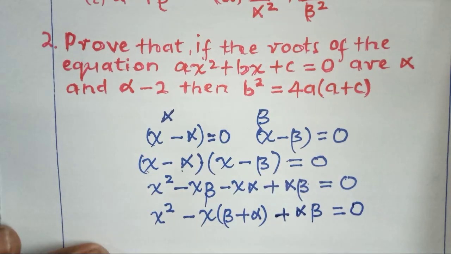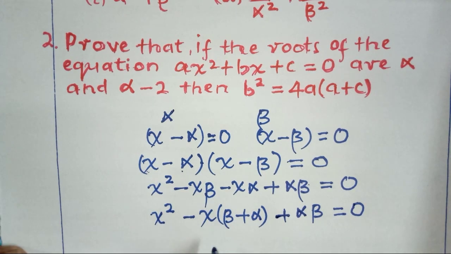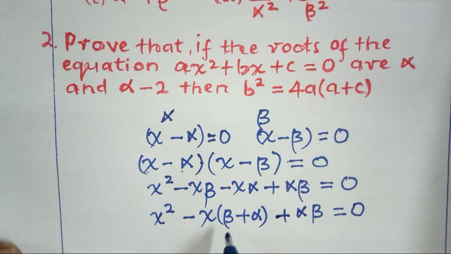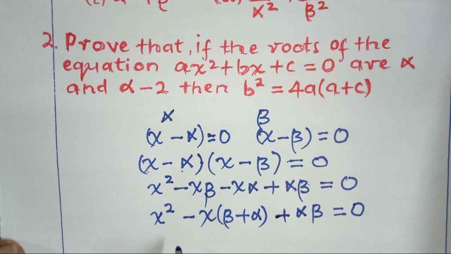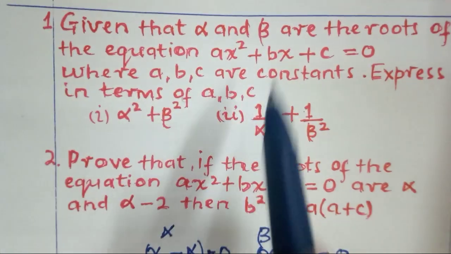So guys, I request you to observe very carefully right now. From there, we are going to have this. Our equation, the one we are given here, is actually this.